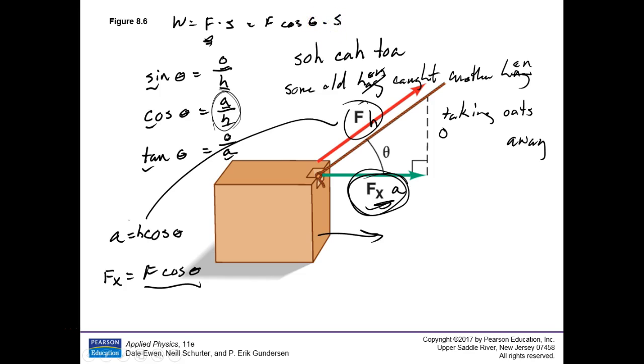Now, do all of you have some type of calculator, even if it's on your telephone? Okay? Sometimes with the telephone, when you hold it upright, it's a pretty simple calculator, and it may not have sine and cosine in it. Try tilting it to landscape mode, and then you'll see a lot more functions, including sine and cosine.